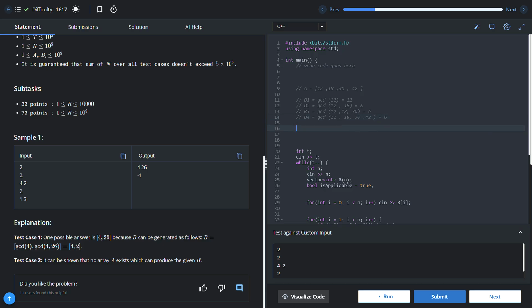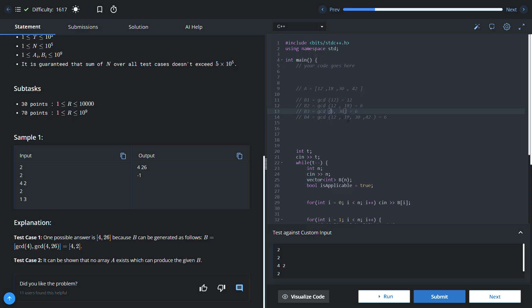So, can you see this? If I replace this whole thing with this B2, there is no problem. Because if this number can divide both these numbers, then it can also divide the GCD of both the numbers, right?